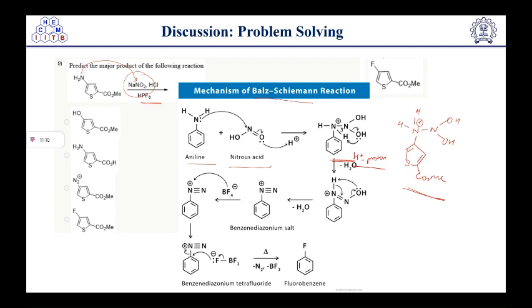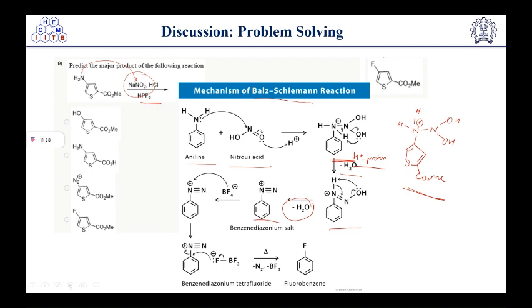So proton transfer will take place, which will make this water molecule a good leaving group and it will get eliminated. So hydrolysis will take place, which will give you this intermediate. Okay. After getting this intermediate, again the proton transfer will take place. Same step, and water elimination results in a formation of benzene diazonium salt.